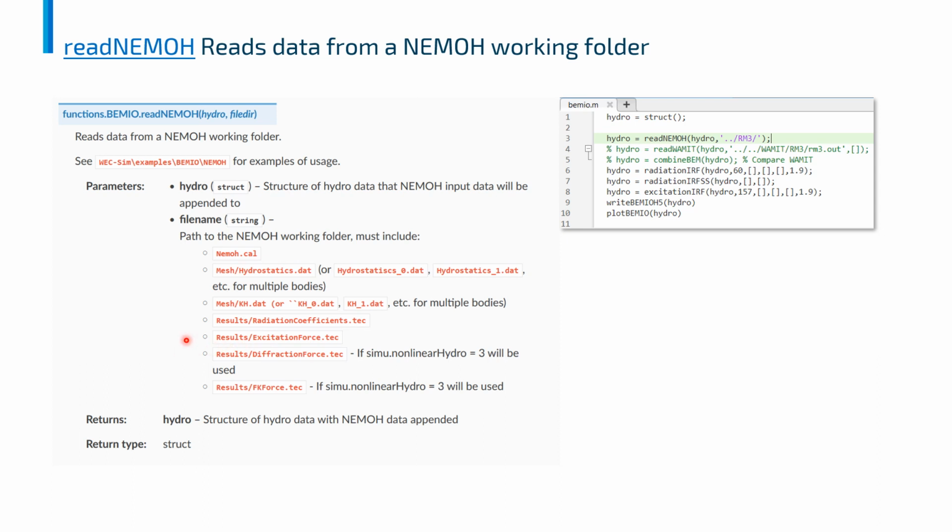Also, some additional files that you may have and can use with this function are the diffraction force and the FK force. If you don't have these files, you still can run the readNEMOH function and it won't complain. But if you have them, it will add this information into the output structure.